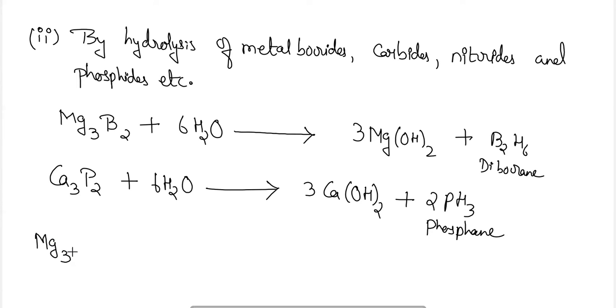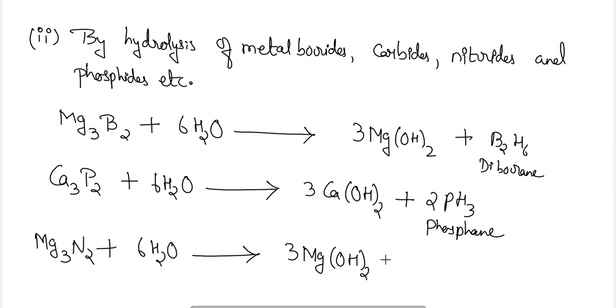Magnesium nitride, Mg3N2, when hydrolyzed, forms magnesium hydroxide plus ammonia.